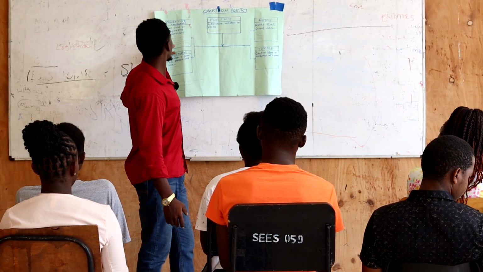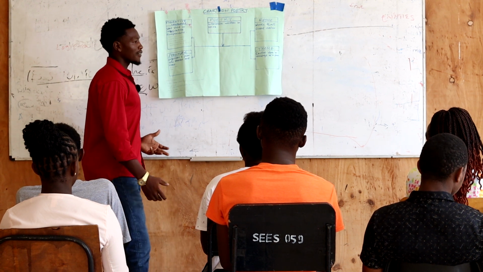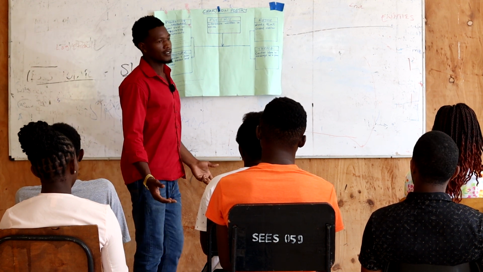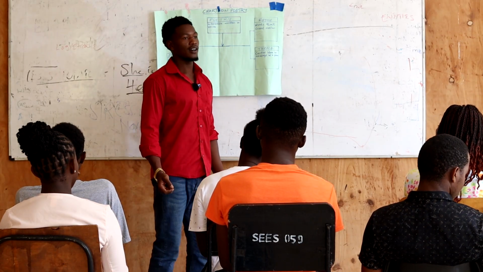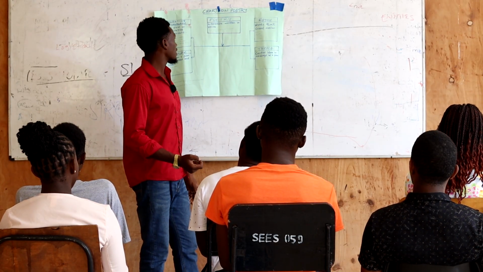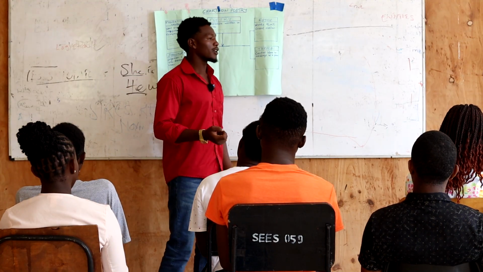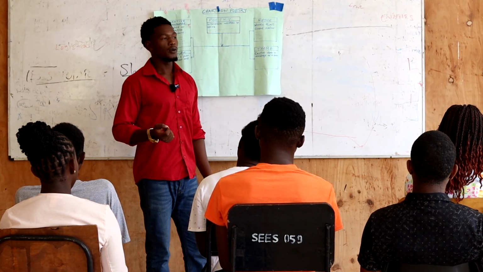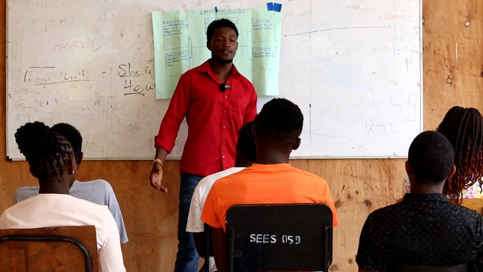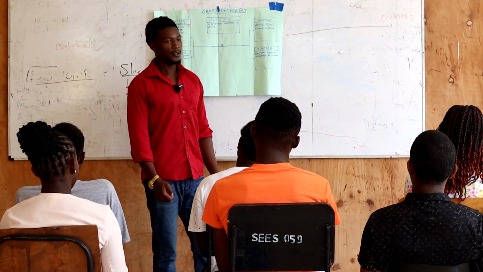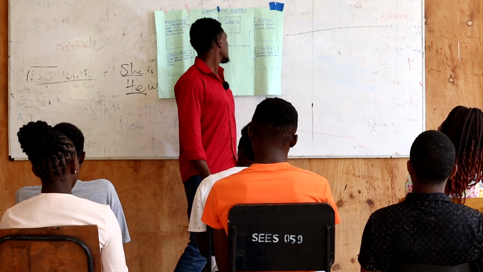And we have metaphor. Metaphor is direct comparison, and we really use metaphors in our contemporary society. When I say metaphor, maybe I say he was a lion. I mean, the person was so brave, right?